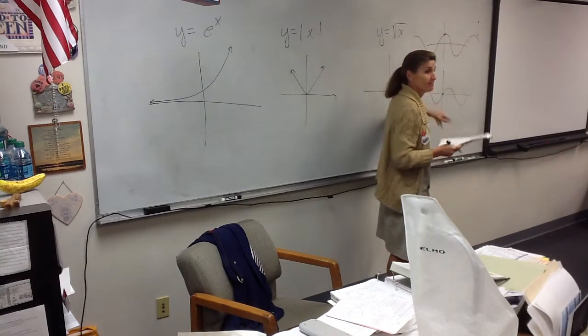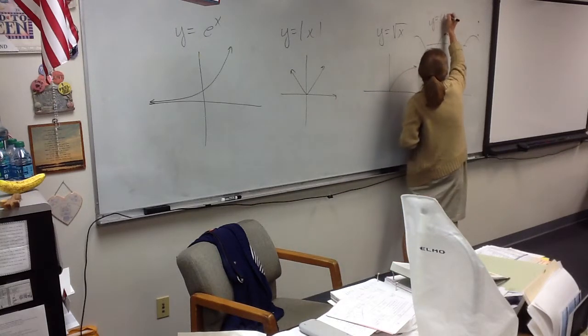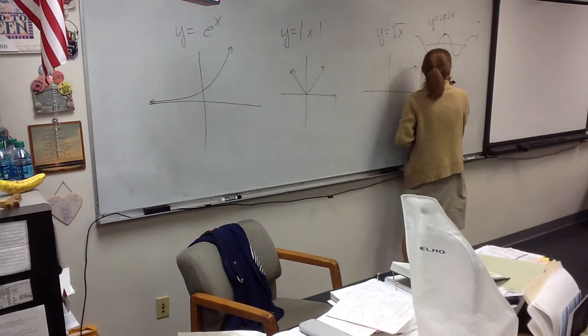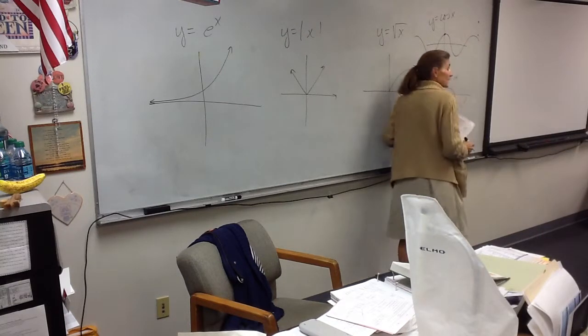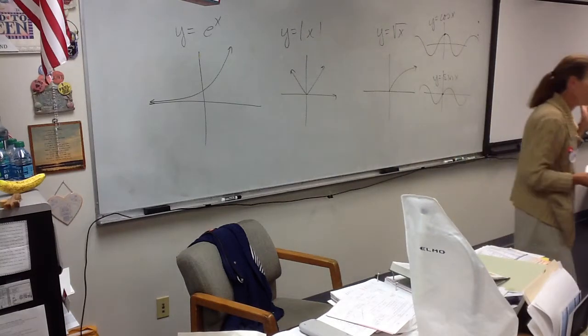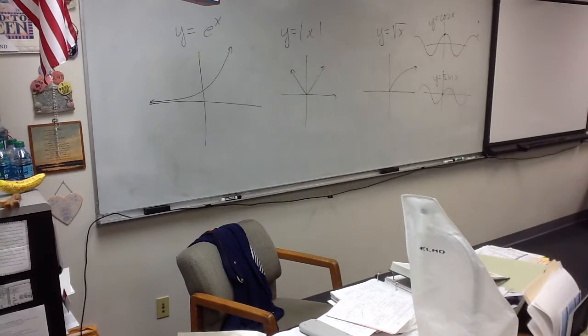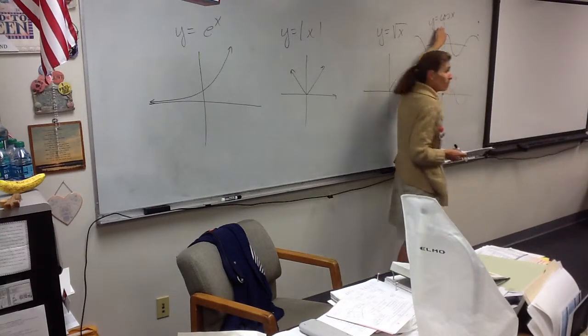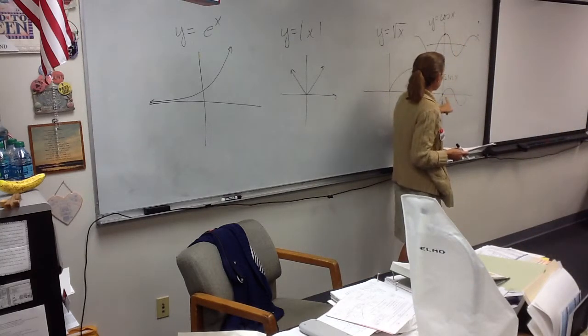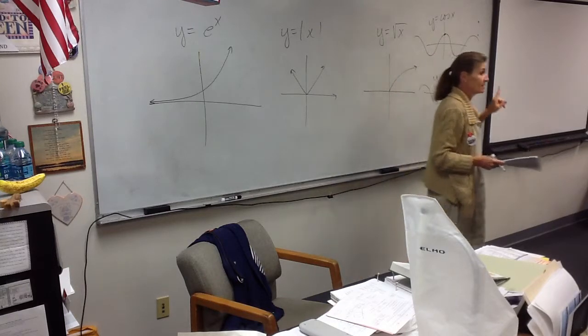This is the sine. You've got to keep those straight. That's probably the hardest one to keep straight. They have the same shape, the waves, but on the y-axis, if you're up one, that's the cosine. If you're at the origin, that's the sine.